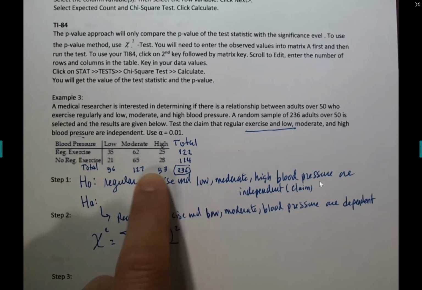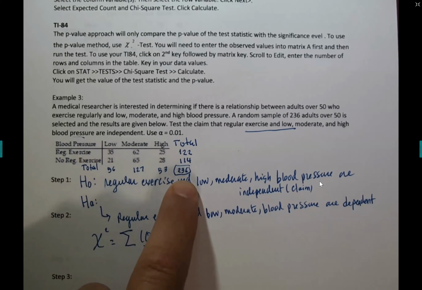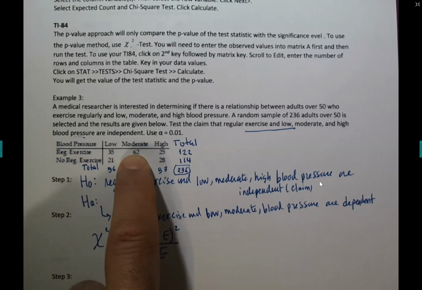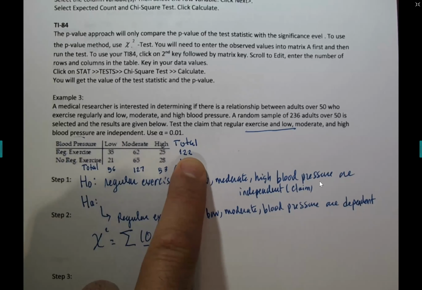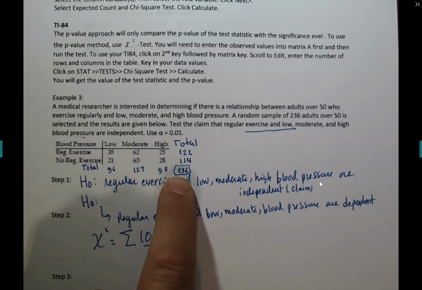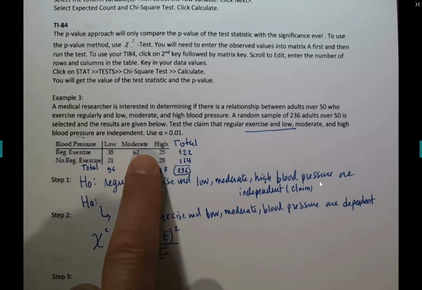So it will be 56 times 122 divided by 236. To find, for example, the expected value of the number 62, this is what you do, guys. You take the total of the row that 62 belongs to, which is 122, and the total of the column that 62 belongs to, which is 127, multiply and divide by the grand total, and so on and so forth. How many times do you have to do this? 1, 2, 3, 4, 5, 6.